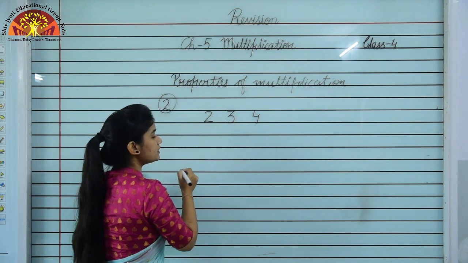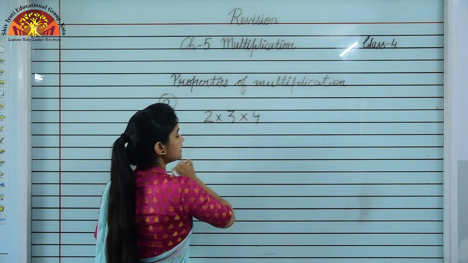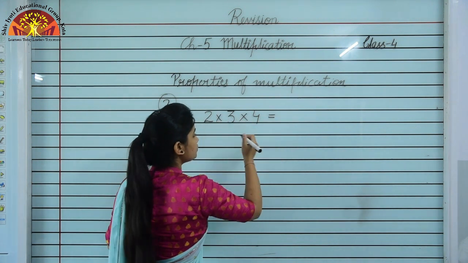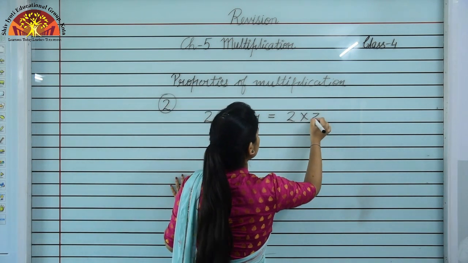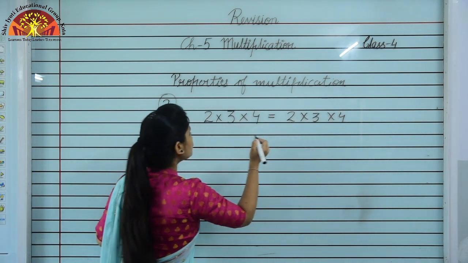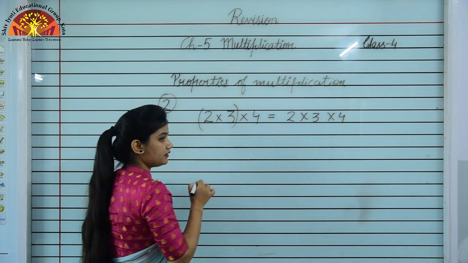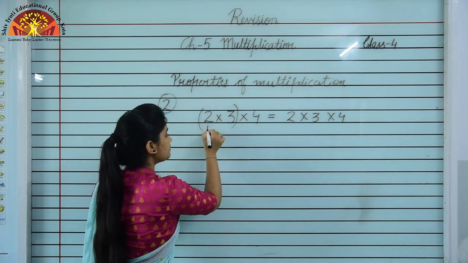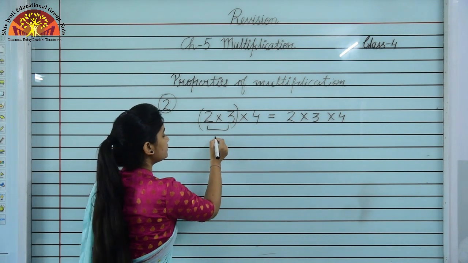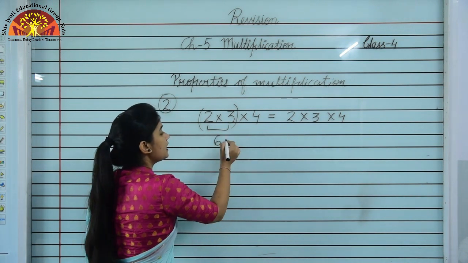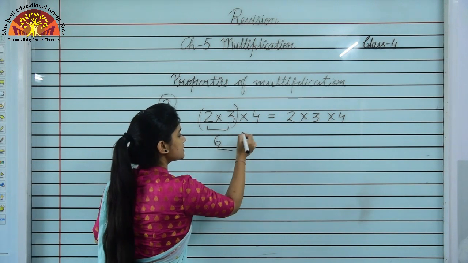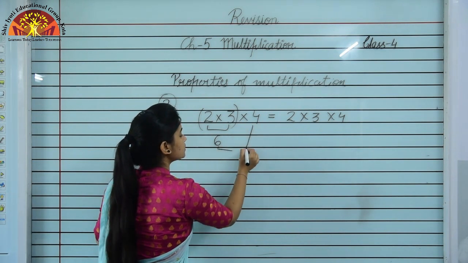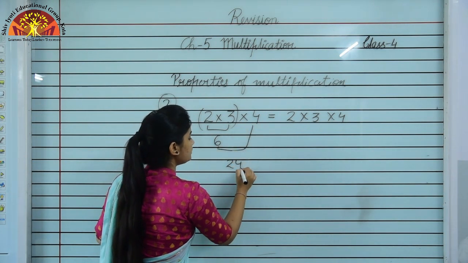If we multiply these three numbers, 2 into 3 into 4, first I am taking 2 and 3. First I multiply these two numbers, the product is 2 3s are 6. Then I multiply this 6 by 4, and 6 4s are 24.